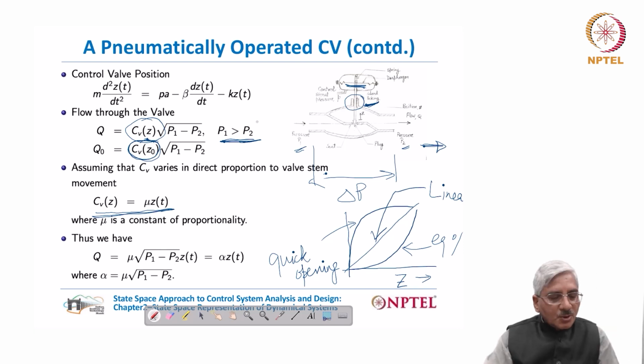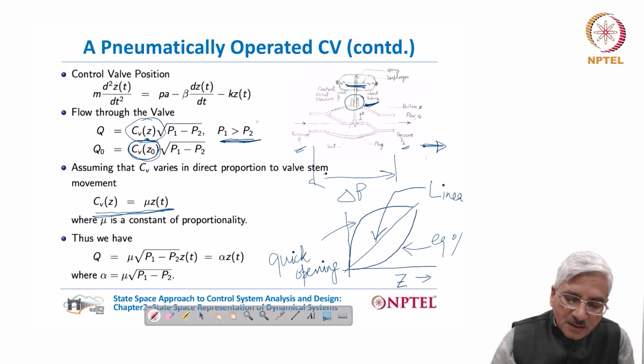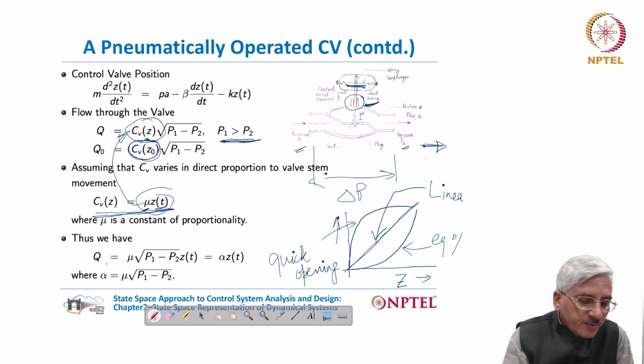So for the valve in which the flow coefficient, which is shown on this axis, varies linearly with the position, we will have CVZ equal to a constant of proportionality into Z. And this we substitute here to obtain Q equal to mu. Of course, this P1 minus P2 square root we have pulled on the left and Z we have kept on the right.